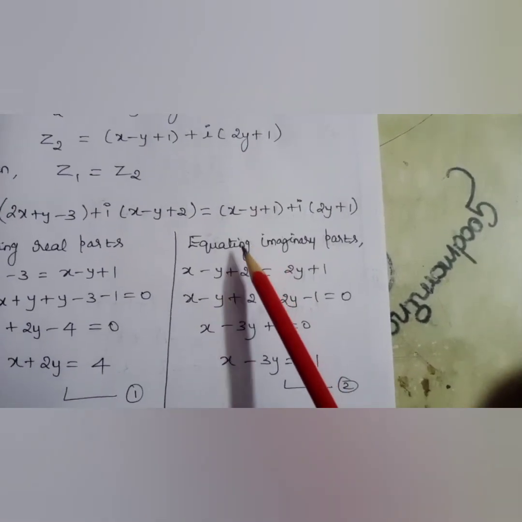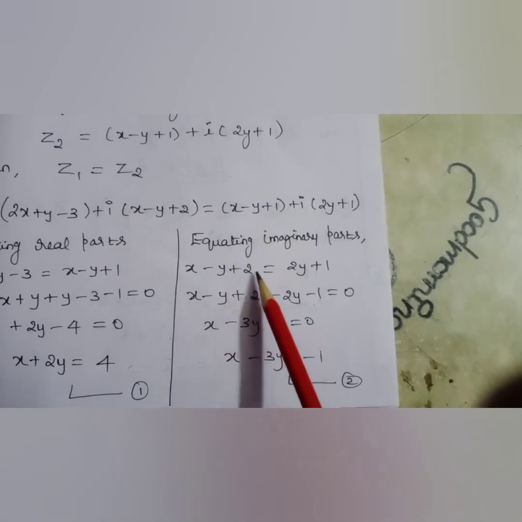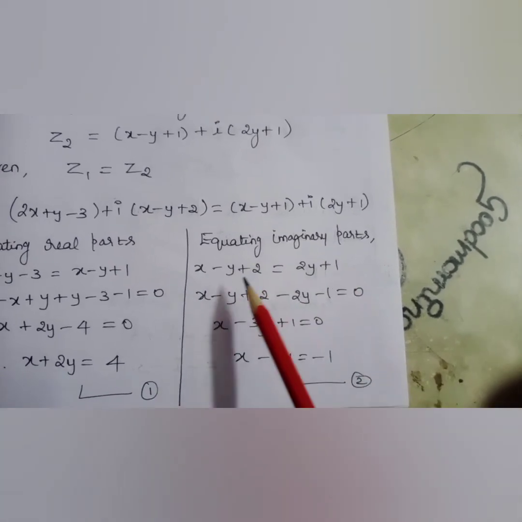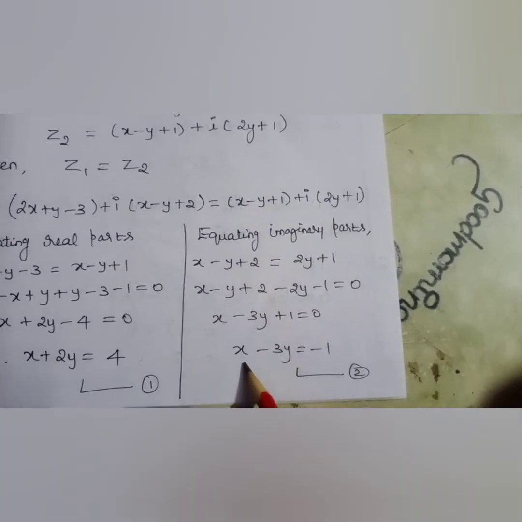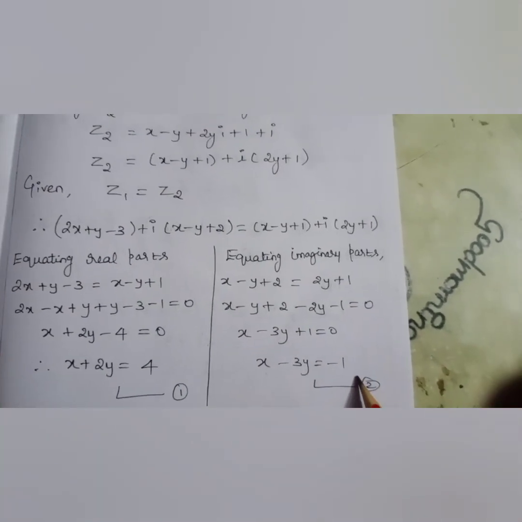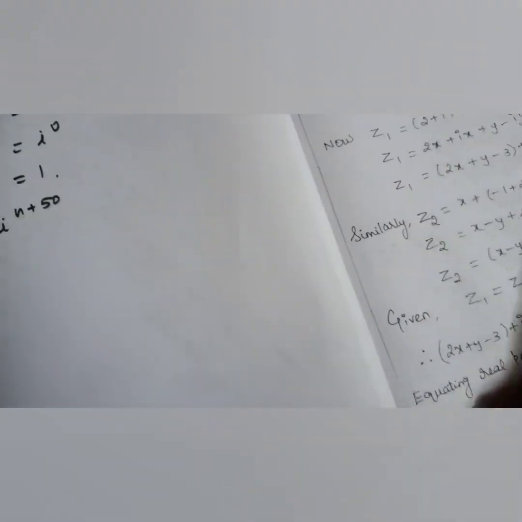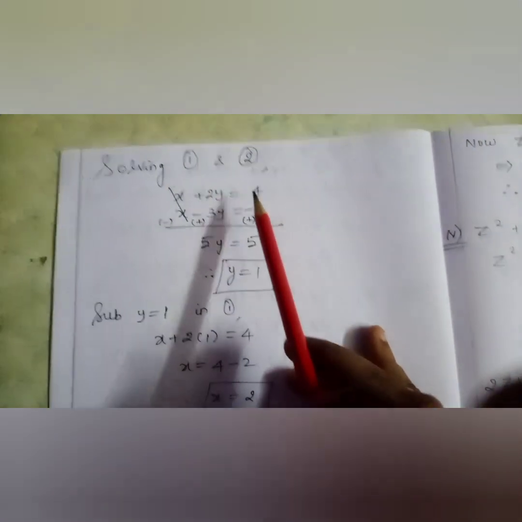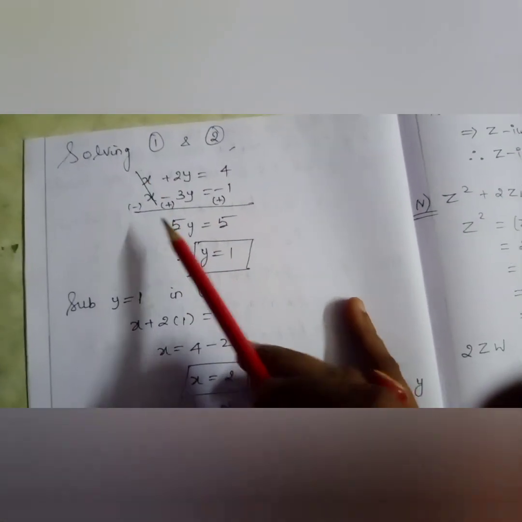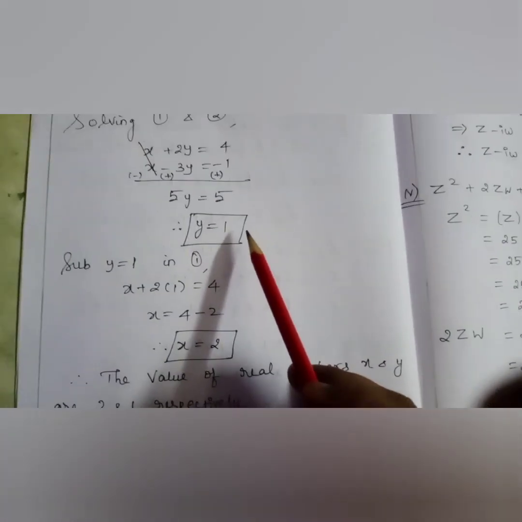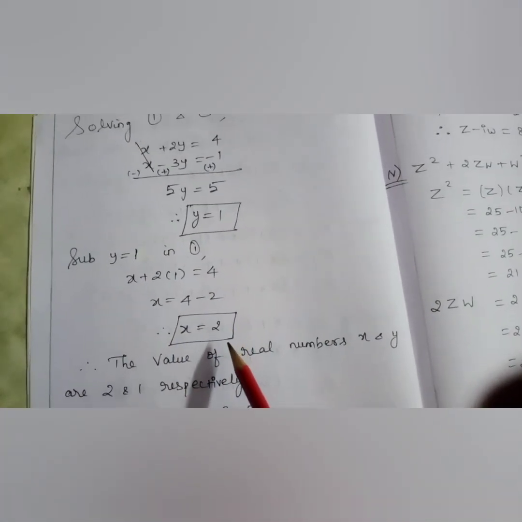Similarly, equating the imaginary parts, I am getting x minus y plus 2 is equal to 2y plus 1. Taking everything to one side, I am getting it to be x minus 3y is equal to minus 1. So I have got two equations. Now I will solve them. So after solving them, I can eliminate x easily. So I am getting the y value to be 1, and after substituting the y, I am getting the value of x.